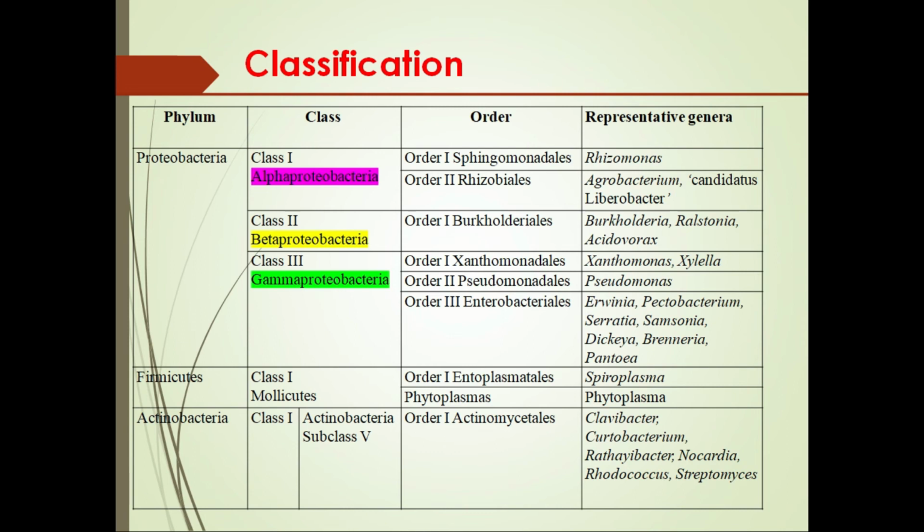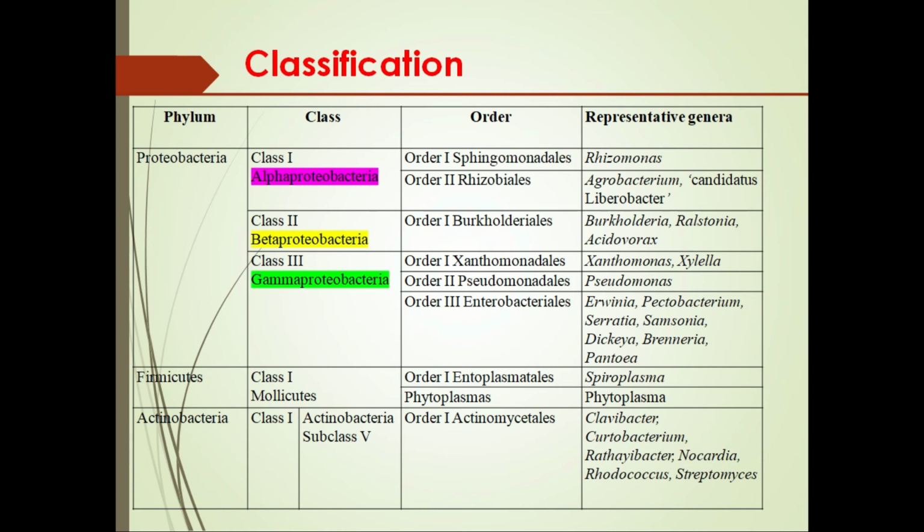Then we have Actinobacteria. Actinobacteria have only one class and order, Actinomycetales. This order contains all the gram-positive bacteria: Clavibacter, Curtobacterium, Streptomyces, Rathayibacter, Rhodococcus, Nocardia, and so on.